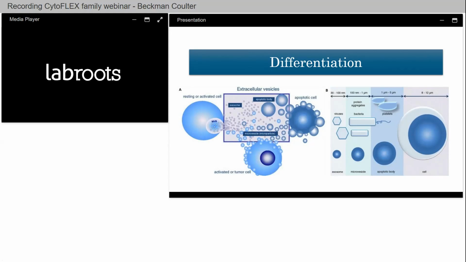Again, everything in nano flow cytometry comes down to sizing, and whether we're able to see things based on our ability to detect them using the systems. Some are simpler than others, such as apoptotic cells, apoptotic bodies, or microvesicles. When these are moving towards the larger end of nano flow cytometry, most instruments can see them.